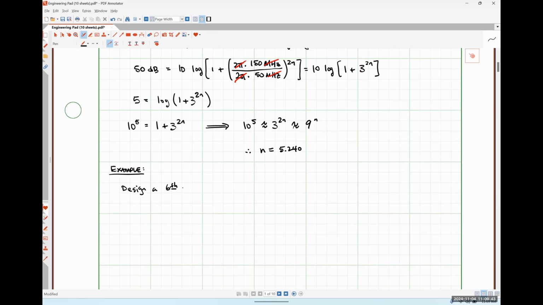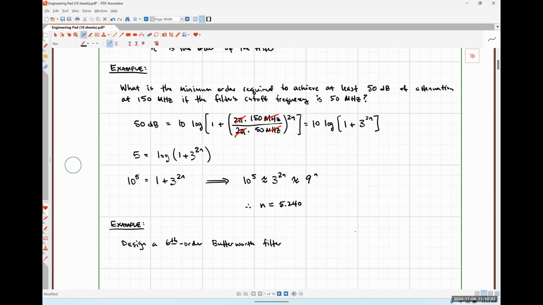Always round up. And again, it's because if we need at least 50 decibels of attenuation, if we used n equal to 5, we would not hit 50 dB of attenuation.